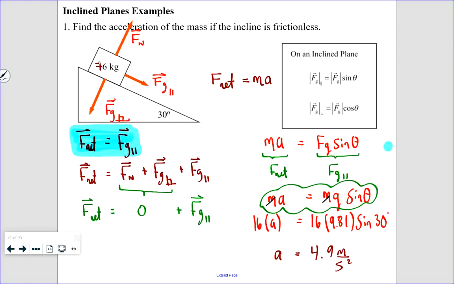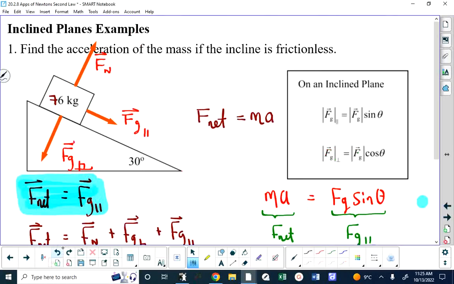And for that reason, listen very carefully, you would be expected to solve problems like the following. Find the acceleration of a mass that's on a 30-degree incline when there's no friction.